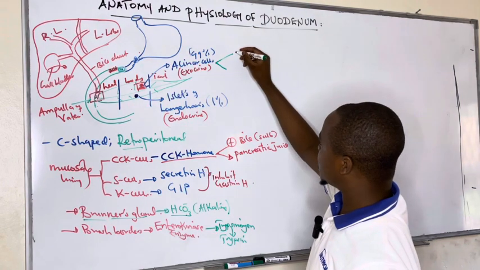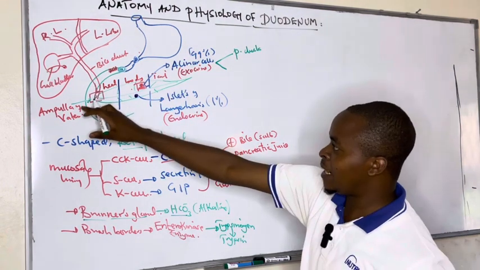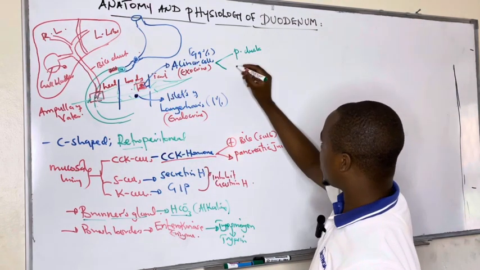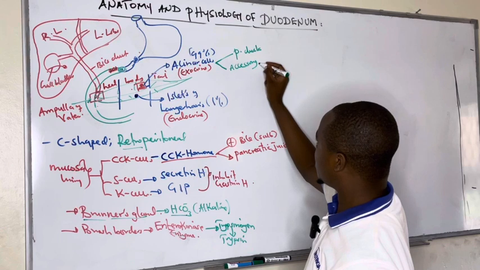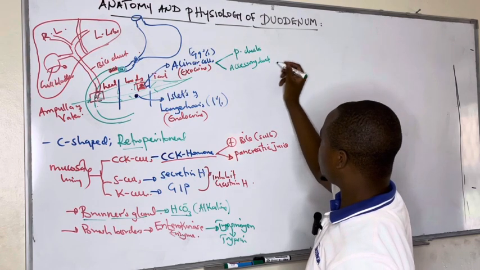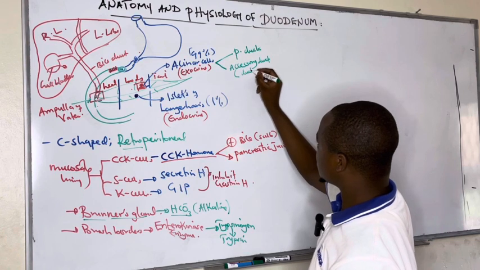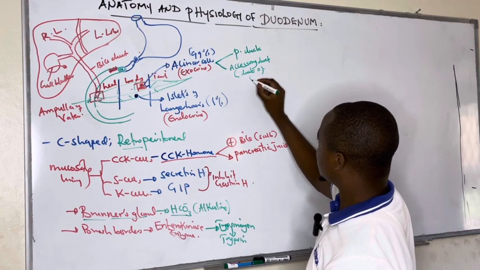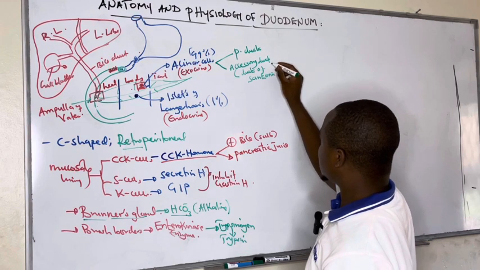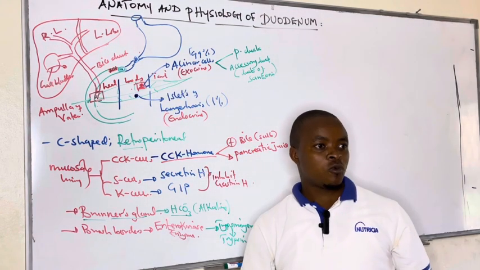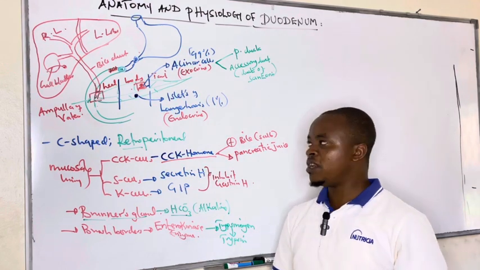The major one is the pancreatic duct, which opens at the ampulla of Vater, and another one is the accessory duct, or you can call it the duct of Santorini. So these are the two major ducts where pancreatic juice passes to be emptied within the duodenum.